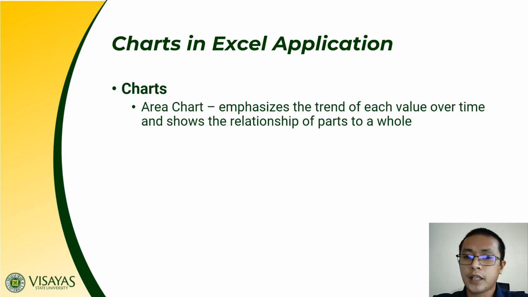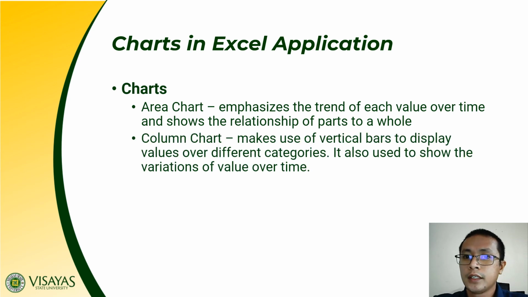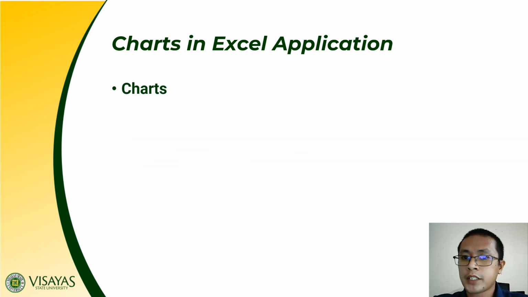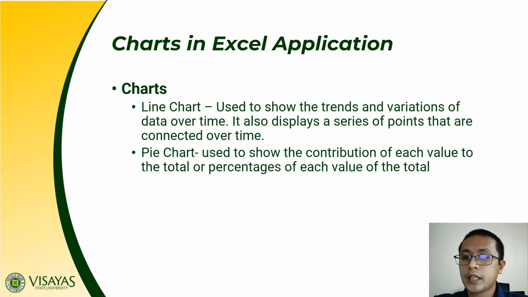Examples of these charts are the area chart, column chart, bar chart, line chart, and you also have your pie chart. Line charts are usually used to present a trend or pattern. So when you want to look for trends or patterns, make use of a line chart for a given set of data.